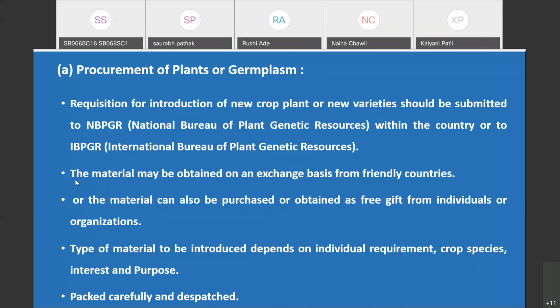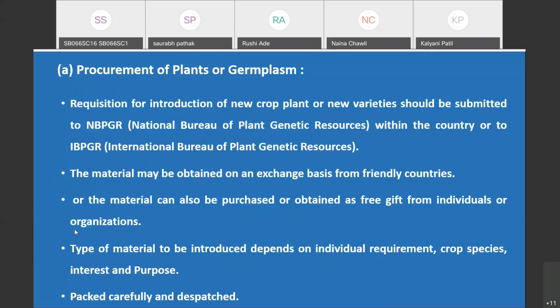Then the material may be obtained on an exchange basis from the friendly countries. Then the material can also be purchased, if in national interest that plant material is very important, or it can be obtained as a free gift from individuals or the organization.